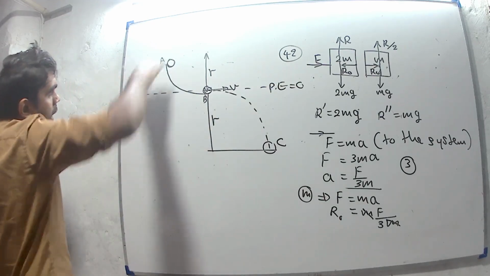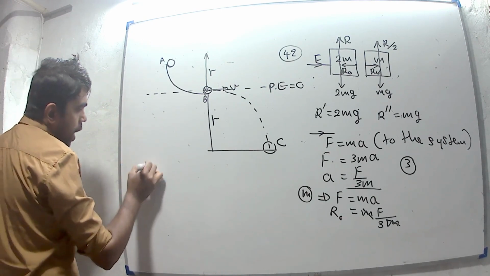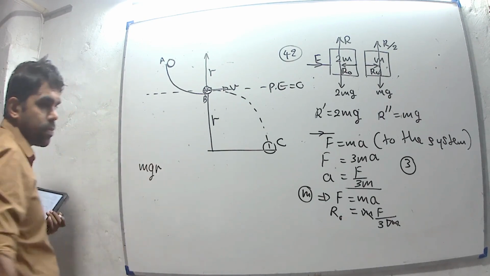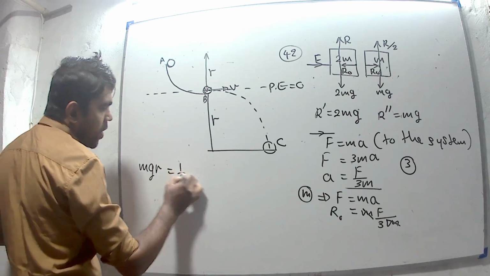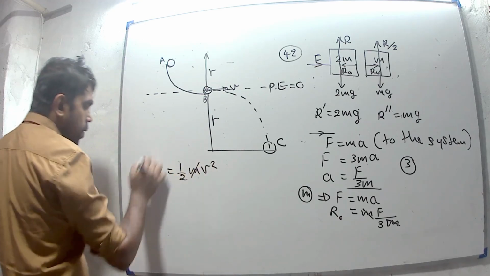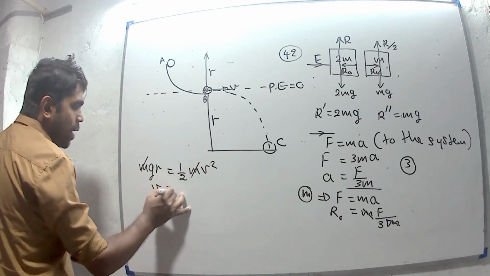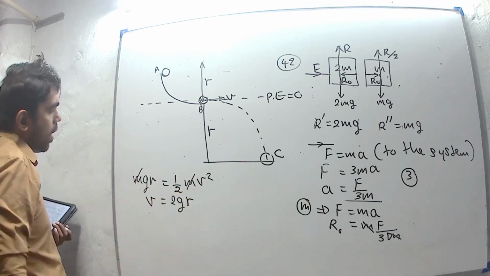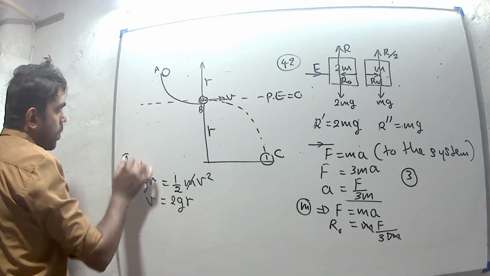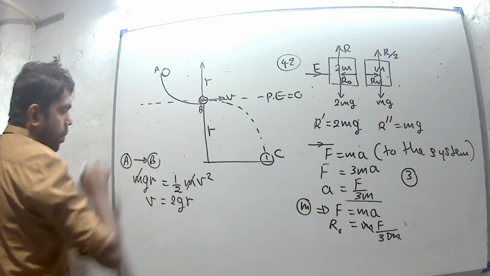Then potential energy at A, mgh, where h is R, should equal half mv squared. We can get the equation V equals root 2gR from A to B, the final velocity.